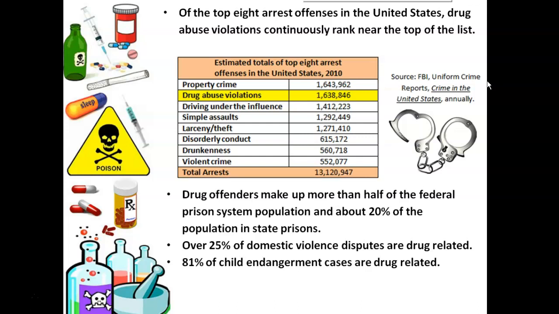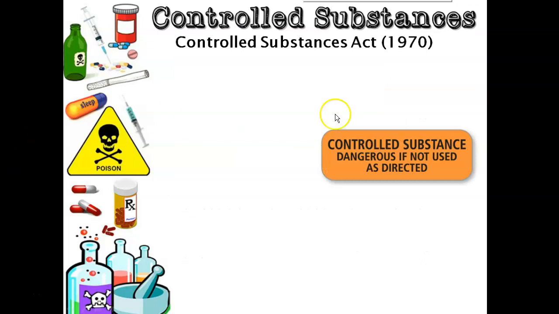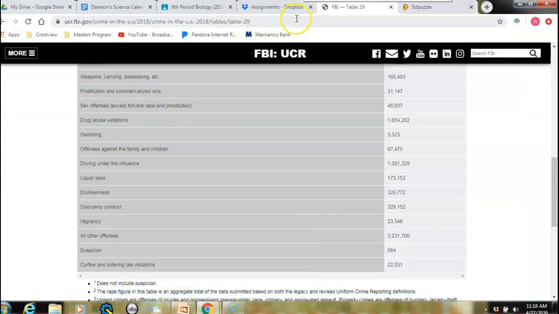If someone was dealing drugs in their residence and they happened to have their child there with them, that is considered child endangerment at that point, and the child would most often be taken away from those parents until they figure out charges and whether or not that child needs to go into the foster care system. So a lot of those child endangerment cases are related to the selling and possession of those drugs too.